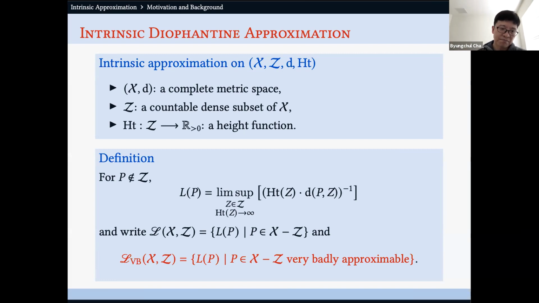So basically, the height function already contains the Dirichlet function. And we will denote the spectrum as before, calligraphic L. And then the Lagrange numbers of very badly approximable numbers will be calligraphic L with subscript B for very badly approximable numbers. Okay. All right, so those are the notations that we are going to use here.